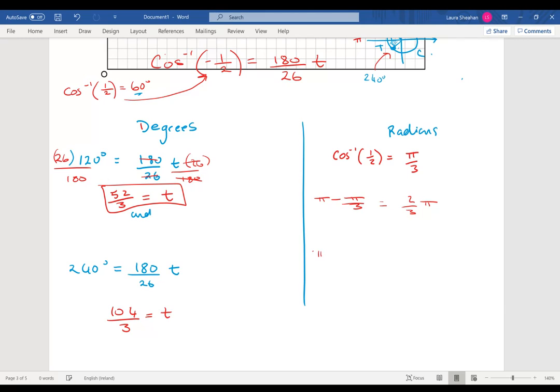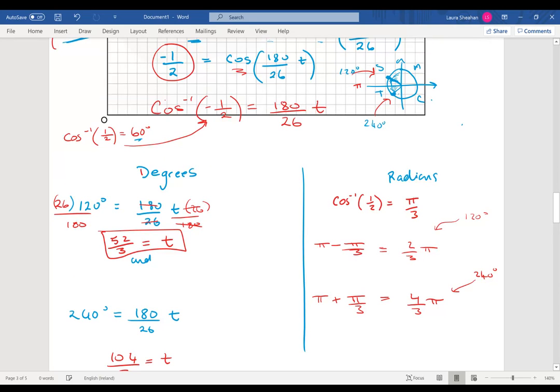And we'd be talking about pi plus pi over 3 as my two angles. So this is the exact same as 120 degrees. And pi plus pi over 3 will be 4 over 3 pi, which is 240 degrees.